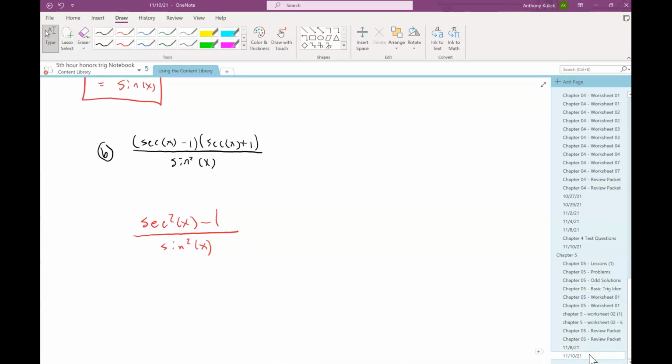And let's look at the good things that happen because of that. So now the plus 1 and minus 1 can combine together to give us 0. And we're left with just tangent squared over sine squared.